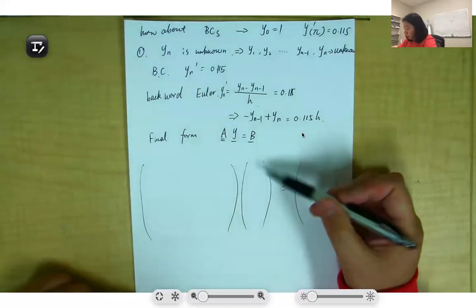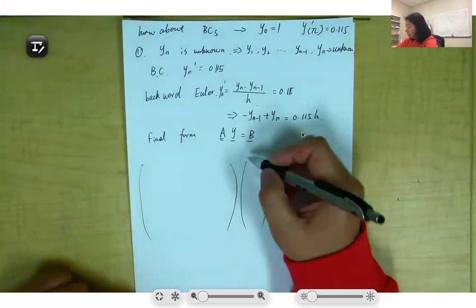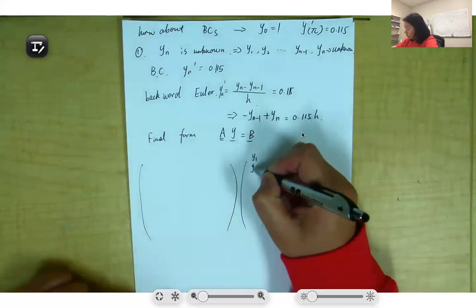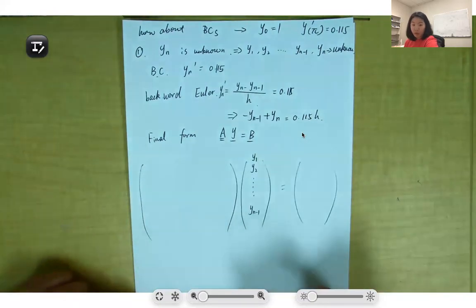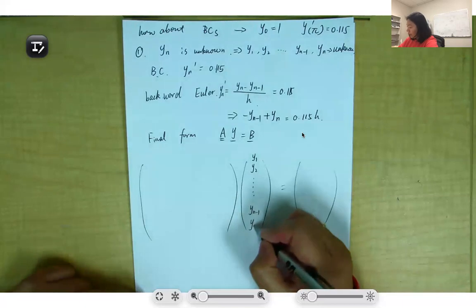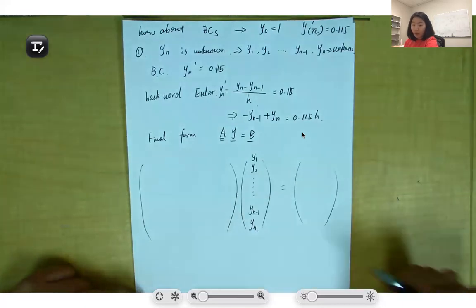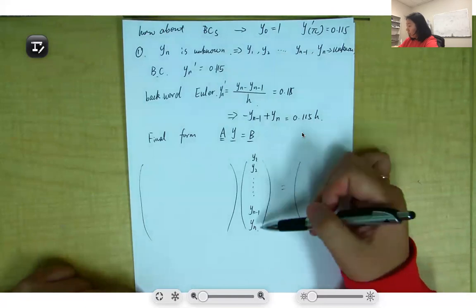So you have to figure out who your unknowns are. Before, it was y1, y2 until yn minus 1. That is the previous version when your yn is known. But right now yn is unknown, so the size of your y has increased, from y1 to yn.